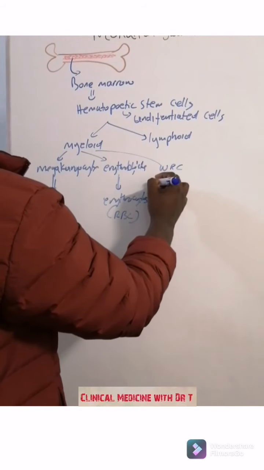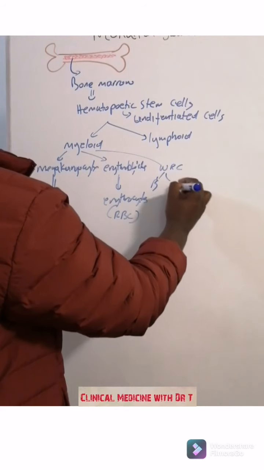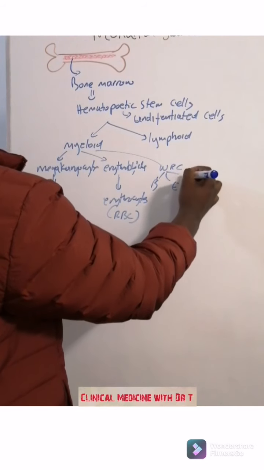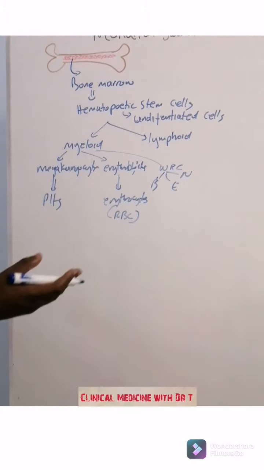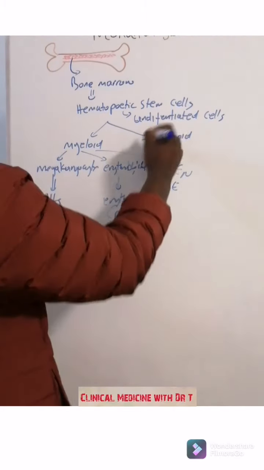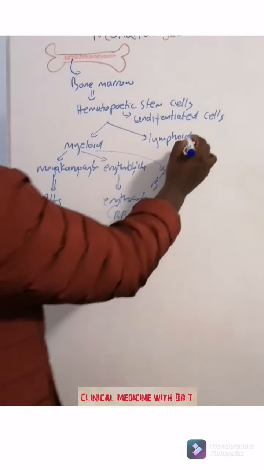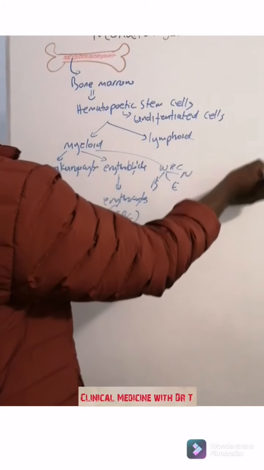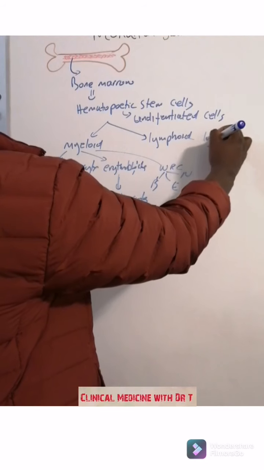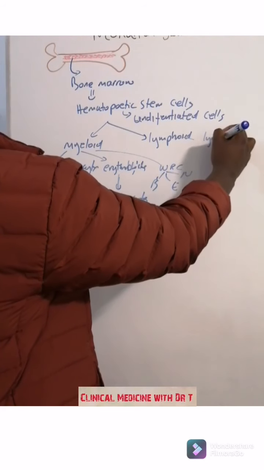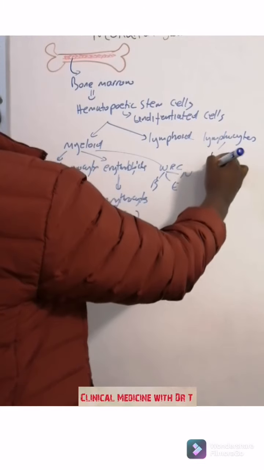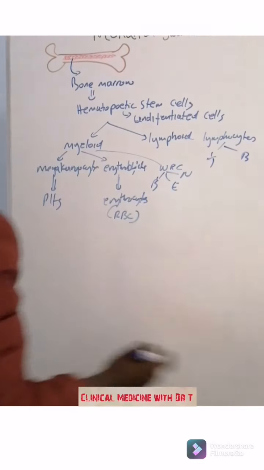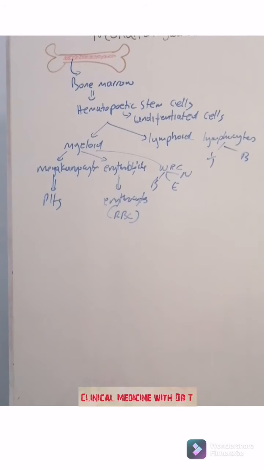They can become your basophils, your eosinophils, your neutrophils, your monocytes, your mast cells, and that kind of thing. And if they take the lymphoid route, they can become lymphocytes, T cells or B cells, T lymphocytes or B lymphocytes, or even natural killer cells. But this is what I want to talk about.